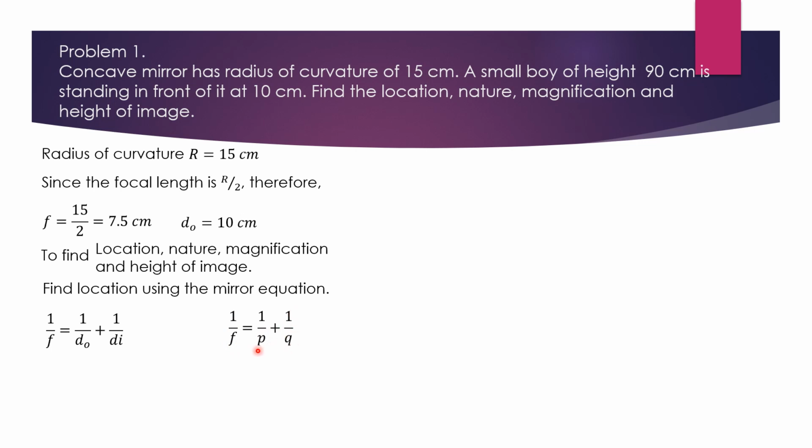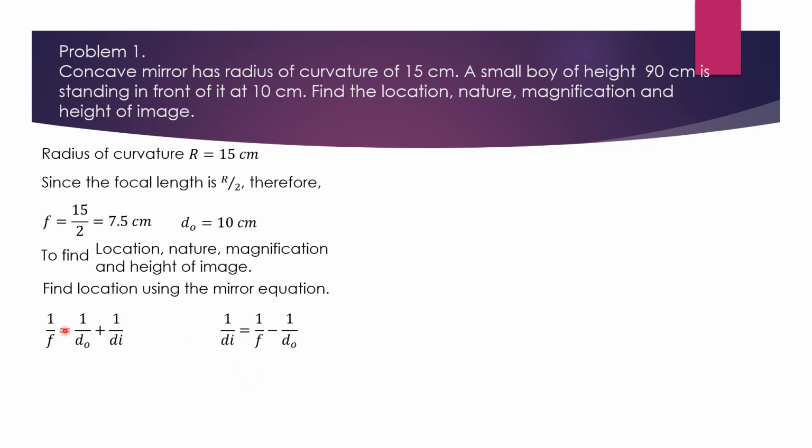Here p is the same as distance of the object and q is the same as distance of the image. So you may use these symbols p and q, or you may use d naught and d i, it doesn't matter. But don't mix it up. You don't have to get confused. Distance of object and distance of image are equally good as p and q.